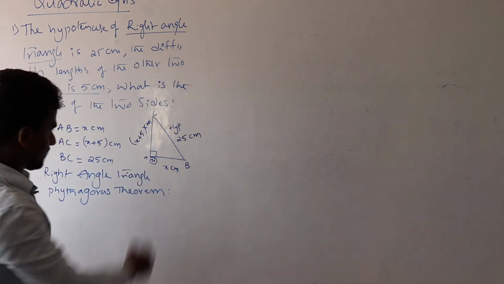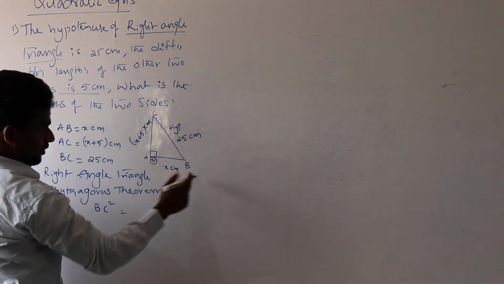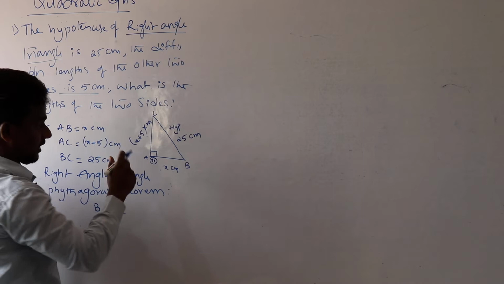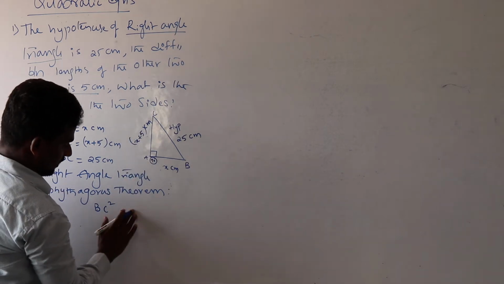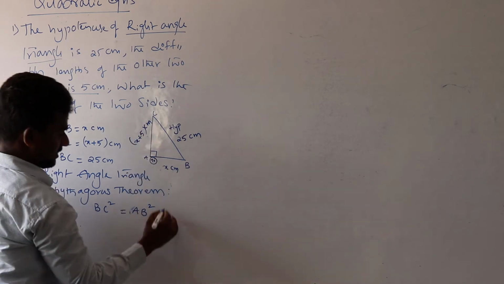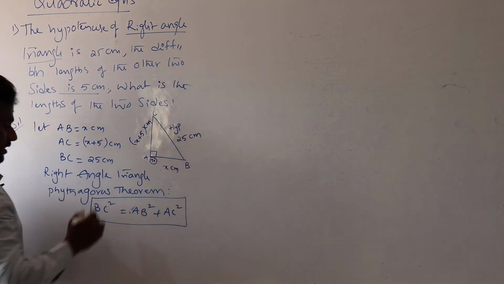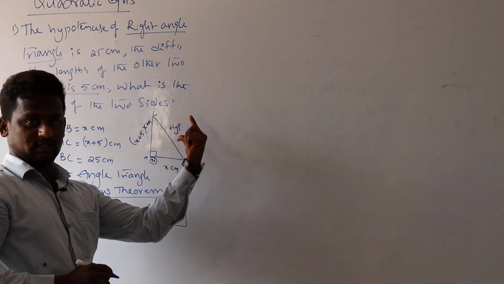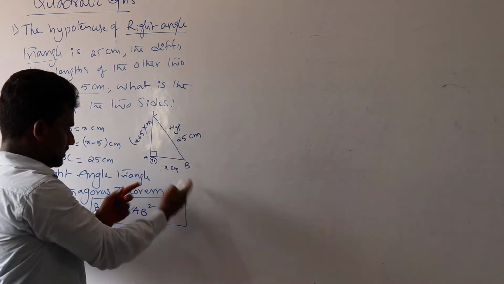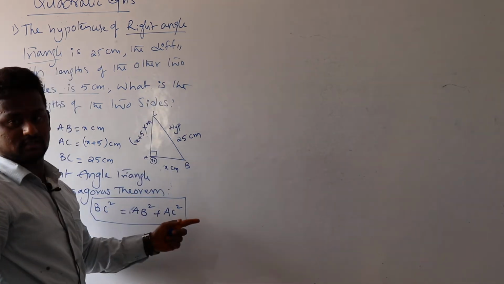That is, BC square is equal to AB square, which is x square, plus AC square. This is the Pythagoras theorem: hypotenuse square BC square equals the sum of the squares of the other two sides AB and AC.